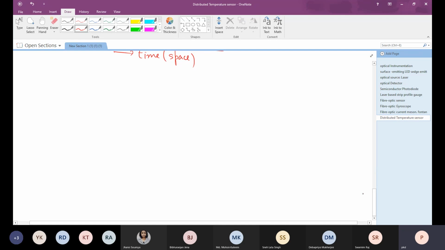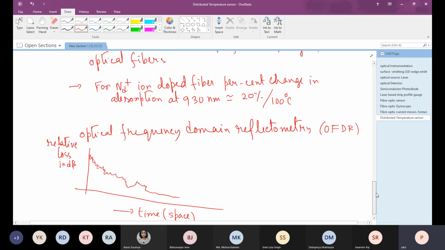Now, in case of OFDR, only the localization technique varies, the sensing fiber, etc., and the sensing mechanism may remain the same.